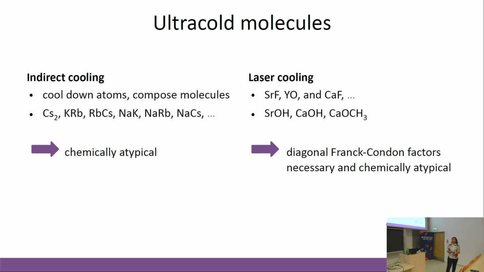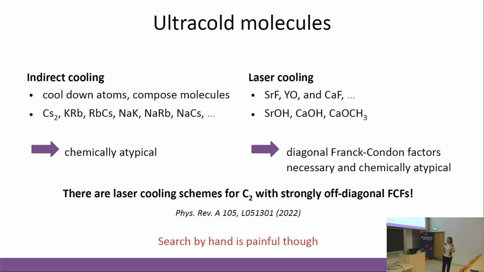The problem is that so far we, as a community, believe that this method is really limited to molecules that have diagonal Franck-Condon factors, and as a result, we also produce pretty atypical chemically molecules.